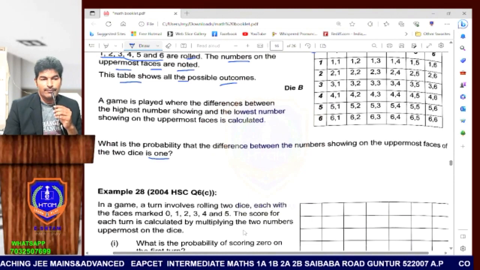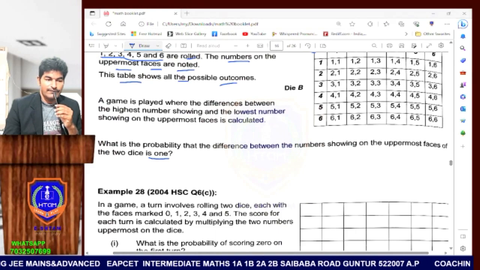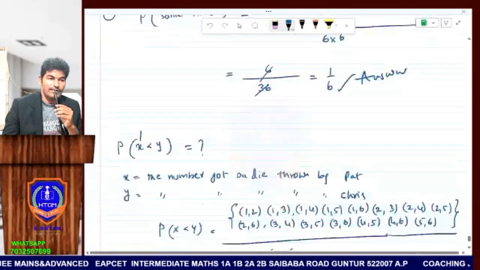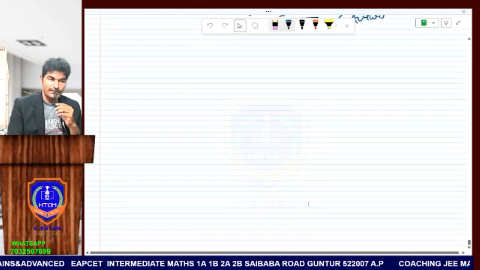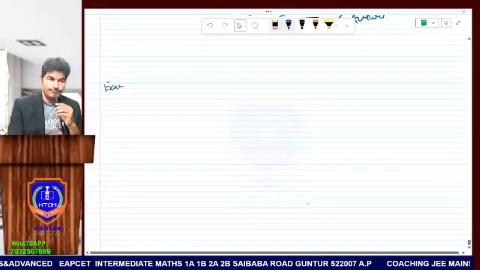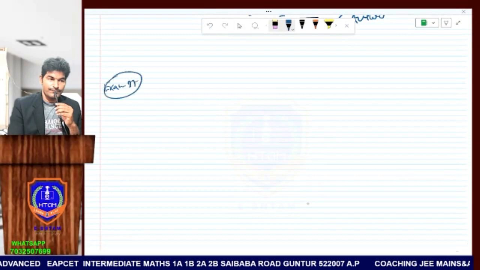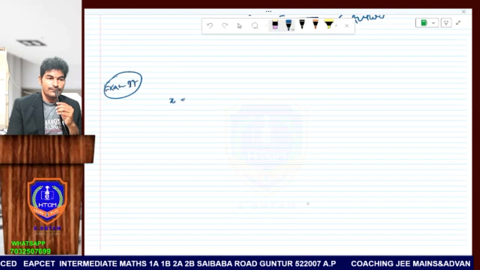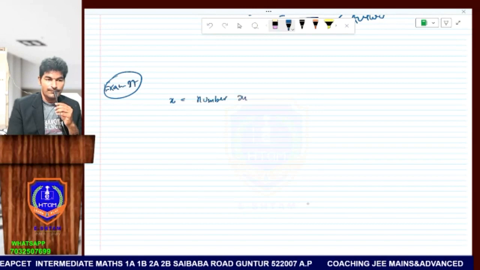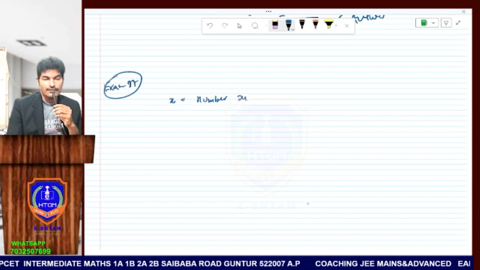The difference will be 1. In that way, you have to answer this question. What example is this? 27, right? So write down: x is equal to the number on one die.